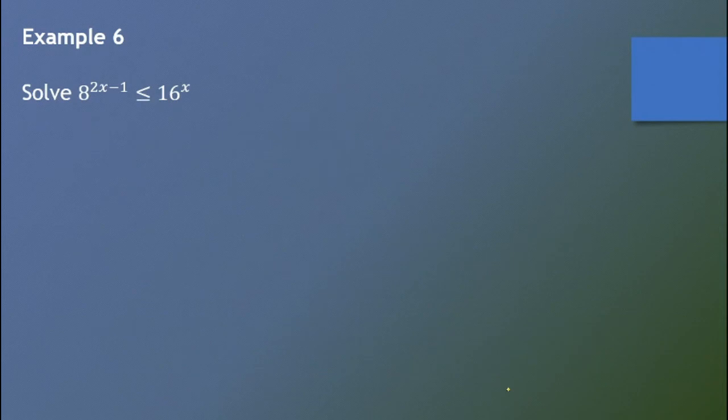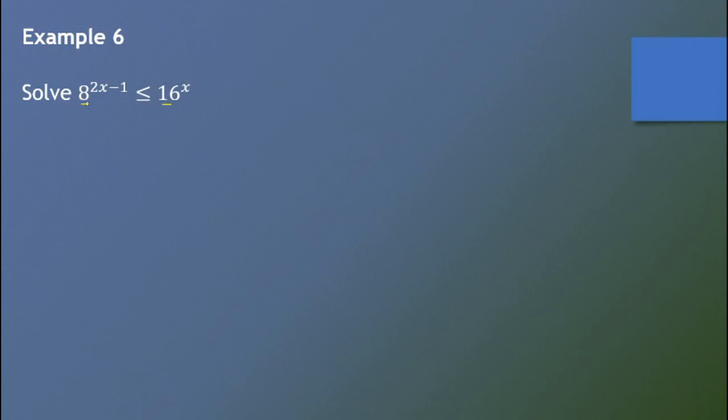So, for example, solve 8 raised to 2x minus 1 less than or equal 16 raised to x. So, first step, kailangan natin gawing magkapareho ang base. So, ayan. Since si 16 is hindi pwedeng maging 8, pwede natin silang i-reduce pareho.